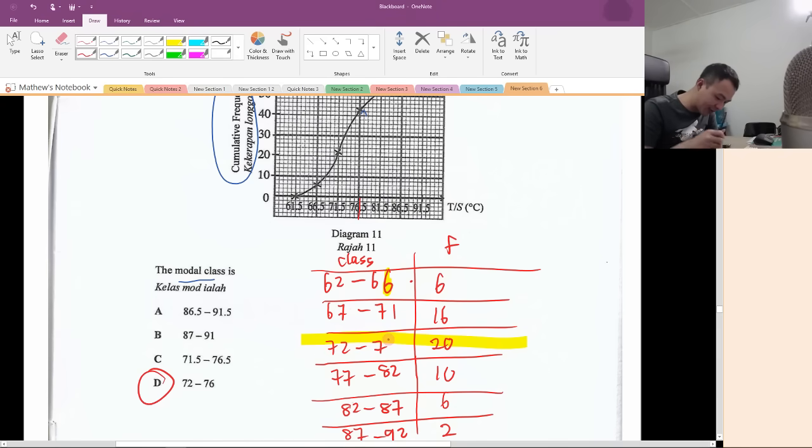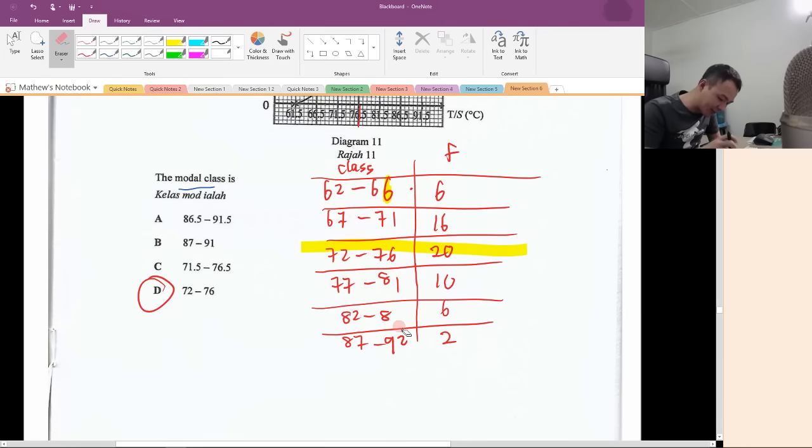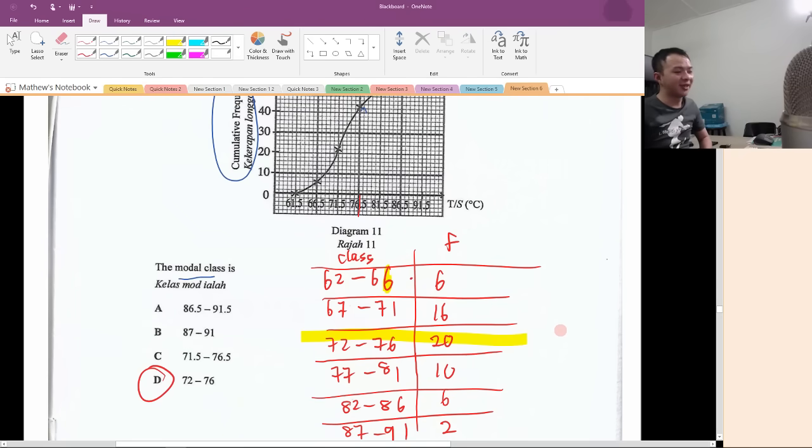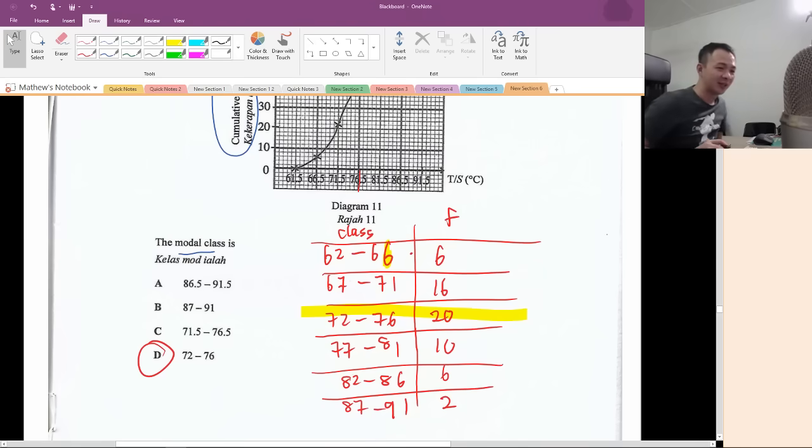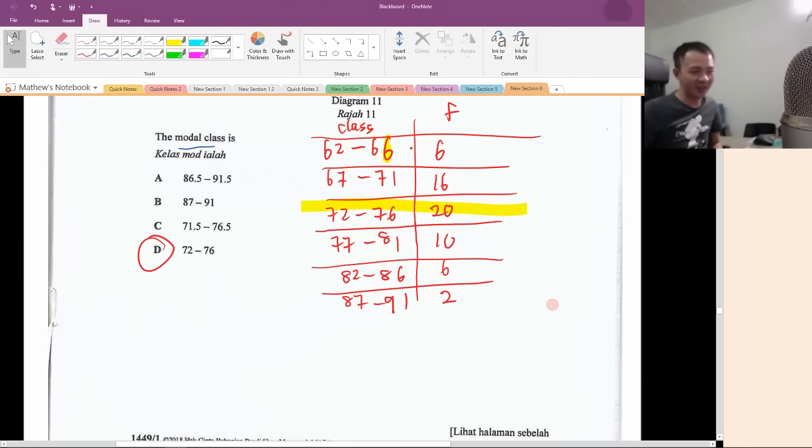This one will be 76. This one will be 81. This one will be 86. Yeah, this one will be 91. Yeah, this is the correct one. Okay, so this is how to do this. Yes, so I'm going to move on to the next question.